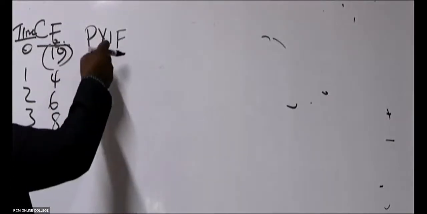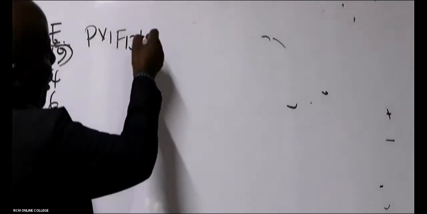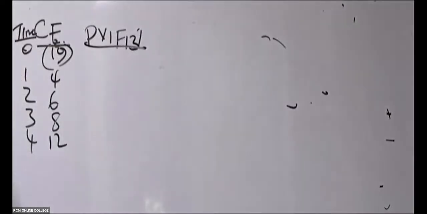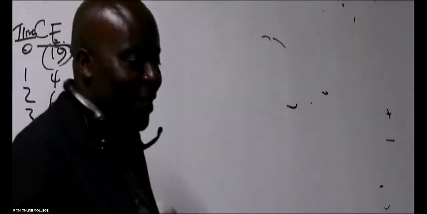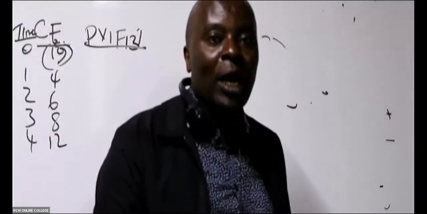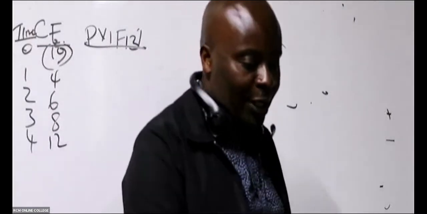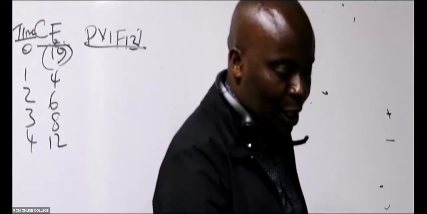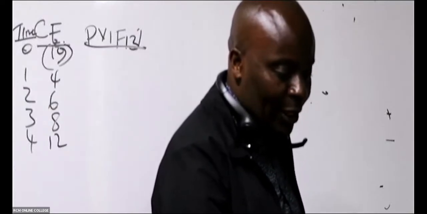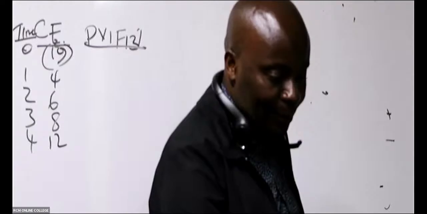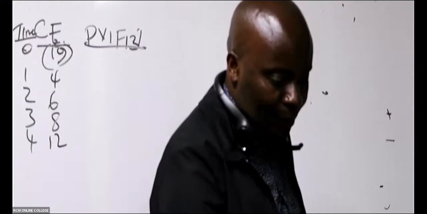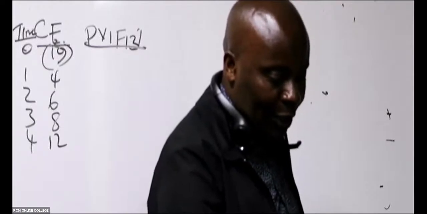So I'm going to use the present value interest factor at 13%. Before I start showing the examiner that I know the formula, first of all, I'll peep through my discount table, let's see whether it has 13%.